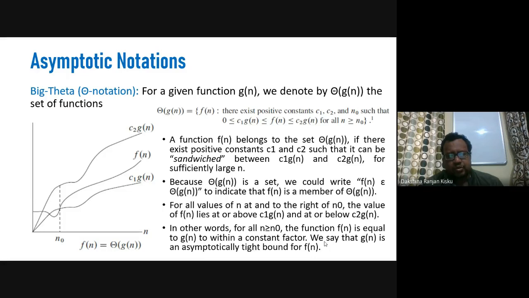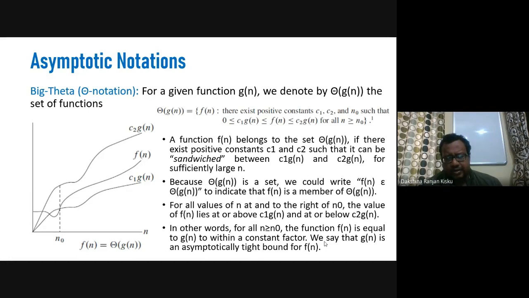Okay. So if we have this relation c1 g(n) less than or equal to f(n) less than or equal to c2 g(n), then this relation represents the function f(n) which is lower bounded by c1 g(n) and upper bounded by c2 g(n) for all values of n greater than or equal to n0.